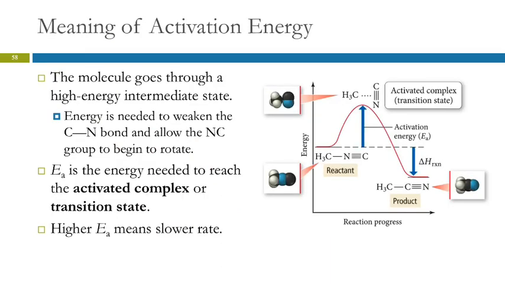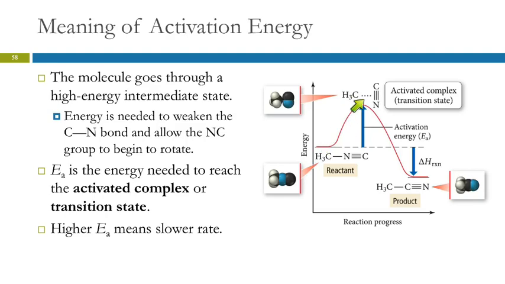So the molecule goes through a high energy intermediate state, and that's represented here. So this is called an activated complex or a transition state. So here we have that carbon-nitrogen triple bond. It's kind of pulled out away from the rest of the molecule, and it's in the process of turning. That requires energy for that to happen.